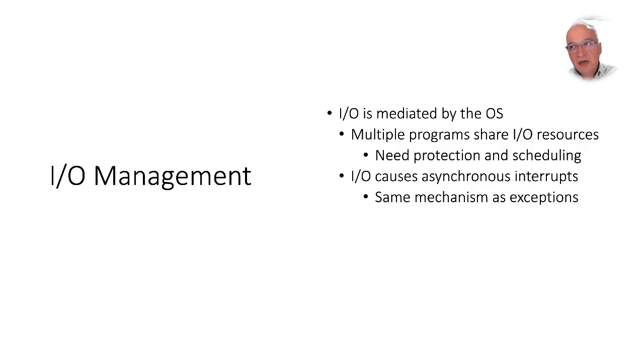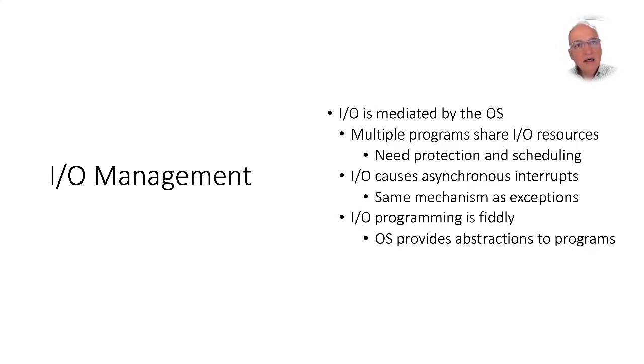The input-output devices cause asynchronous interrupts, so they use the same mechanism as handling exceptions. And I/O programming is fiddly. The operating system will provide abstractions to the programs so the programs can use the I/O devices. In your operating systems course, you're going to learn more about how to handle input and output devices and how the processor communicates with them.